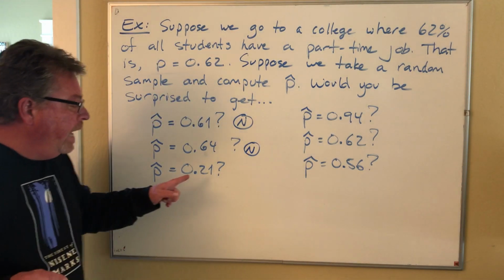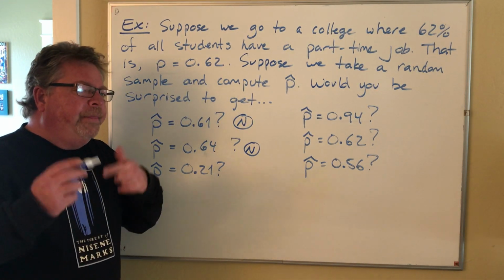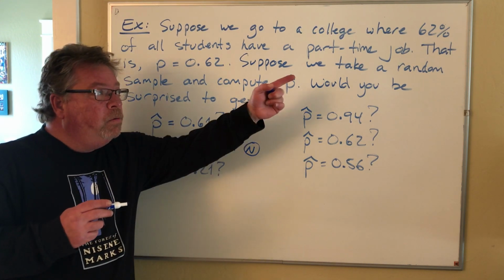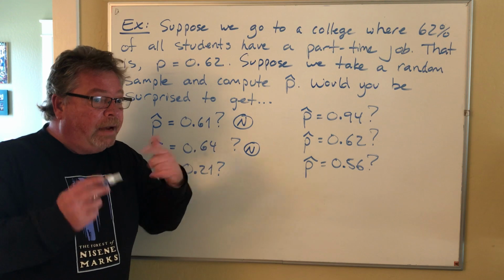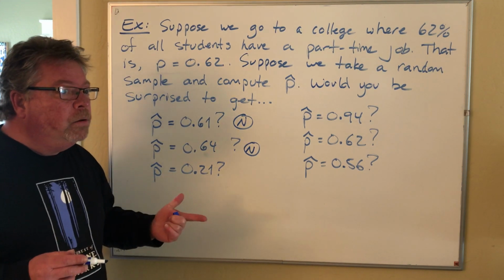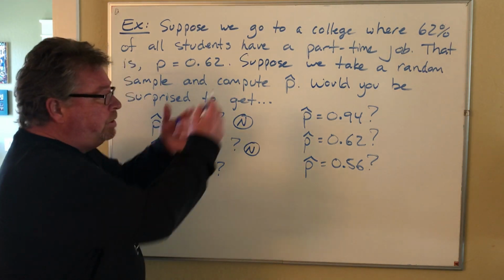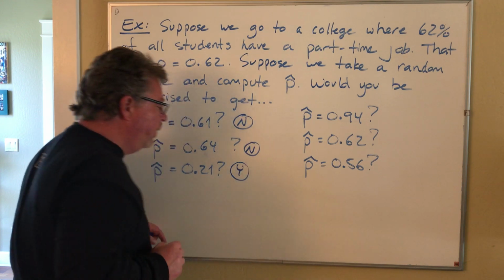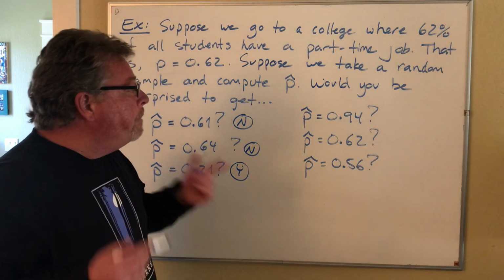But now if I got a p-hat of 21%, that's going to freak me out a bit. Because again, I'm going to a world where 62% have this characteristic. 21% seems really, really low. So if that happened for a simple random sample, I'm going to argue yes, I would be surprised if that value of p-hat popped up.